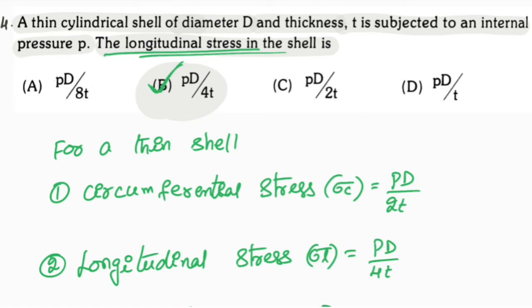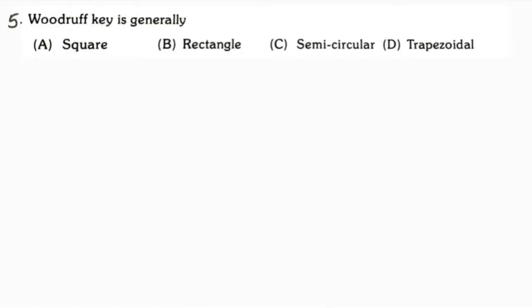Let us take another problem. Look at the fifth problem. A Woodruff key is generally a square key, rectangular key, semicircular key, or trapezoidal key. Dear friends, the Woodruff key looks like this. I will draw the diagram so you can decide the geometric shape.